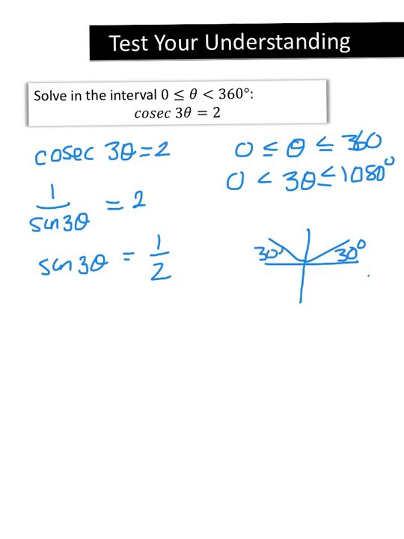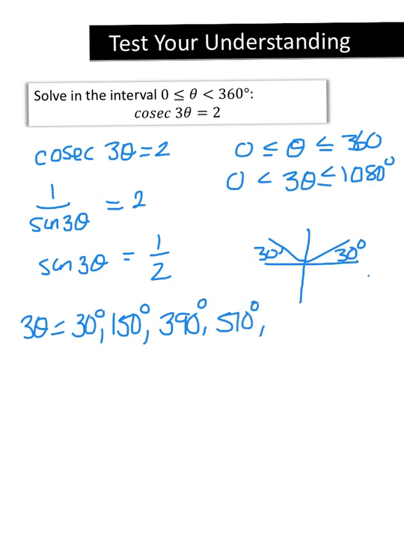So our first two angles for 3 theta are going to be 30 degrees and 150 degrees. Going around 3 times, then we'll have 390, so just adding 360 degrees each time, 510 degrees, and our last two angles, 750 and 870 degrees.